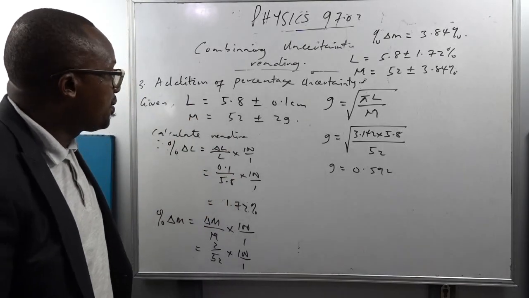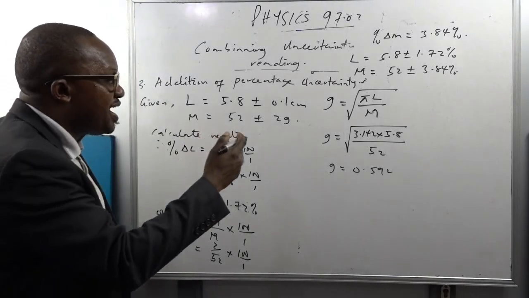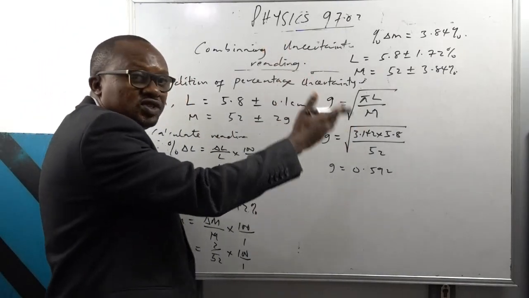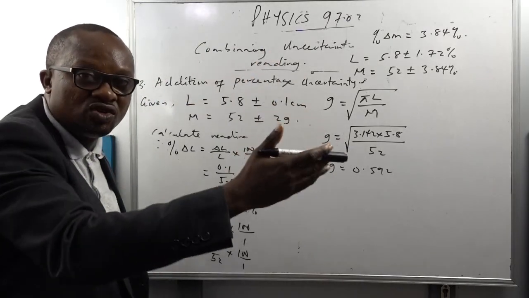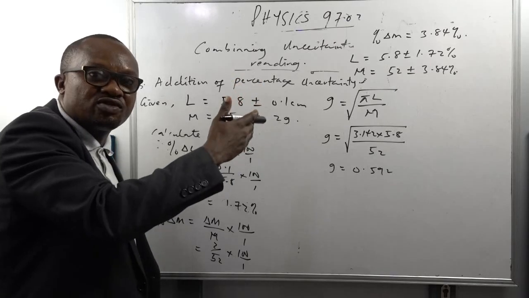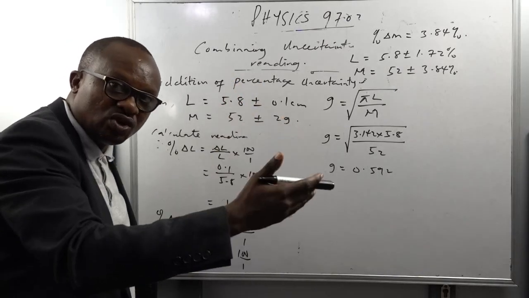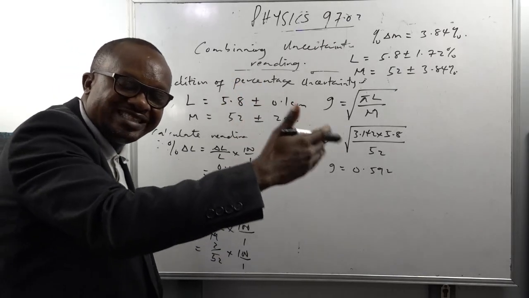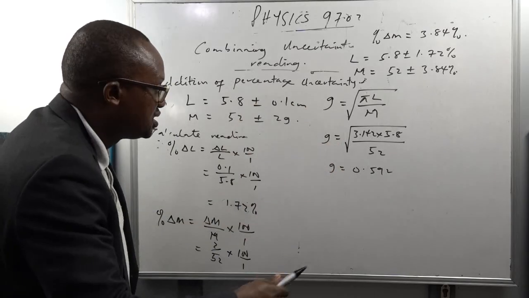Alright. So if your reading is calculated by multiplication or division, or multiplication and division of other readings, the percentage uncertainty of the calculated reading will be equal to the addition of the percentage uncertainties of its constituent readings.